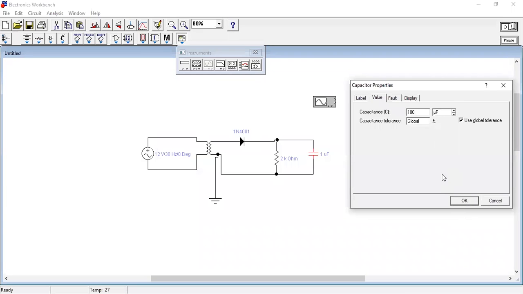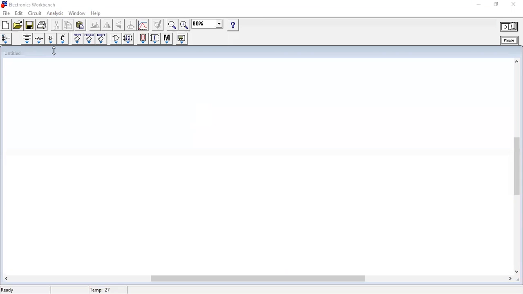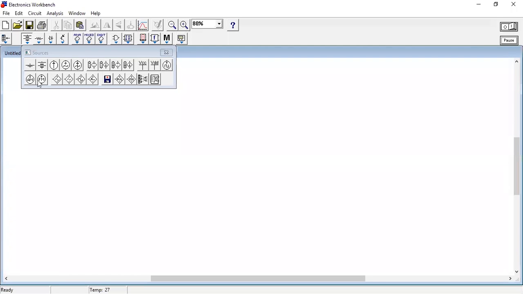In the CRO there are two channels, channel 1 and channel 2. We use only one channel for the rectifier, so I used one channel for the input. This I already explained to you, so you know.